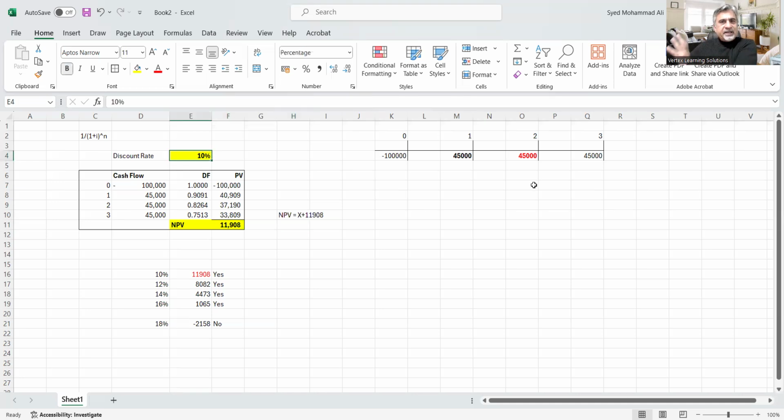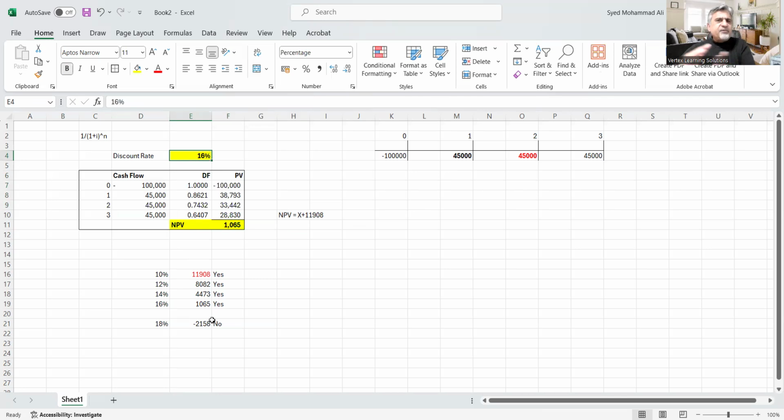What if you had invested your money at 16% somewhere, and I say, take your money from there and put it here? Then it is 1,065. So this project is still giving $1,065 more than a 16% return. This is one way of seeing it.